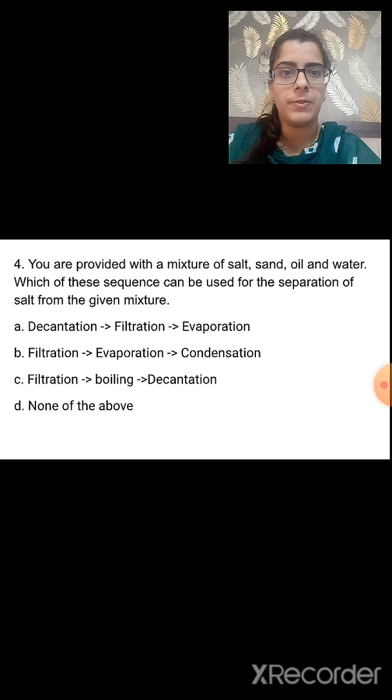Now, we will be left with a water and salt mixture. As salt is soluble in water, we can evaporate the water. And what will be left behind? Salt. So, the correct option for the separation of the salt from the given mixture is decantation, filtration and evaporation. That is option number A.